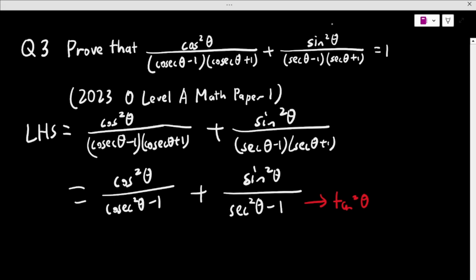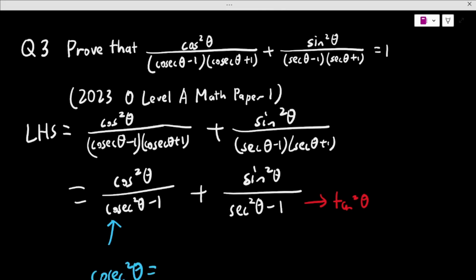Now, on the other side, we have this right here. From the formula, we can find that cosecant square theta is equal to 1 plus cotangent square theta. Again, subtracting 1 on both sides, we get cotangent square of theta is equal to cosecant square theta minus 1.